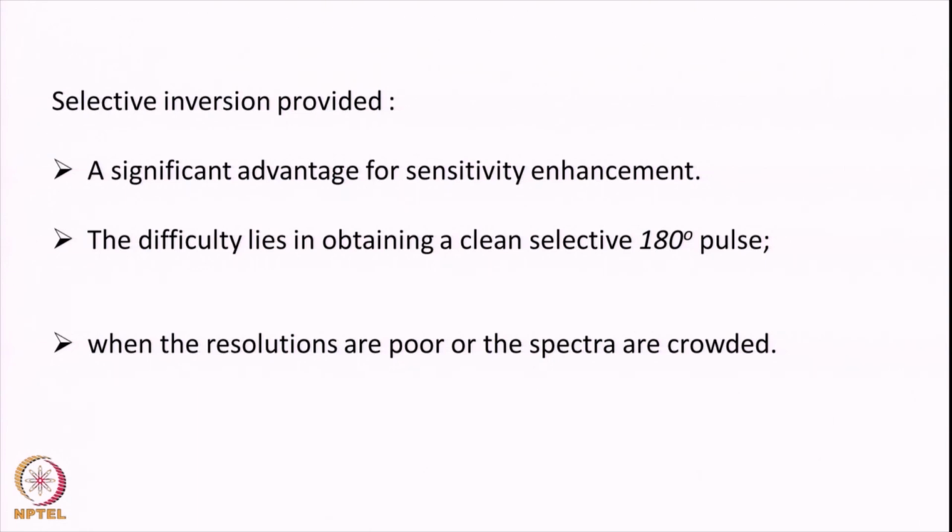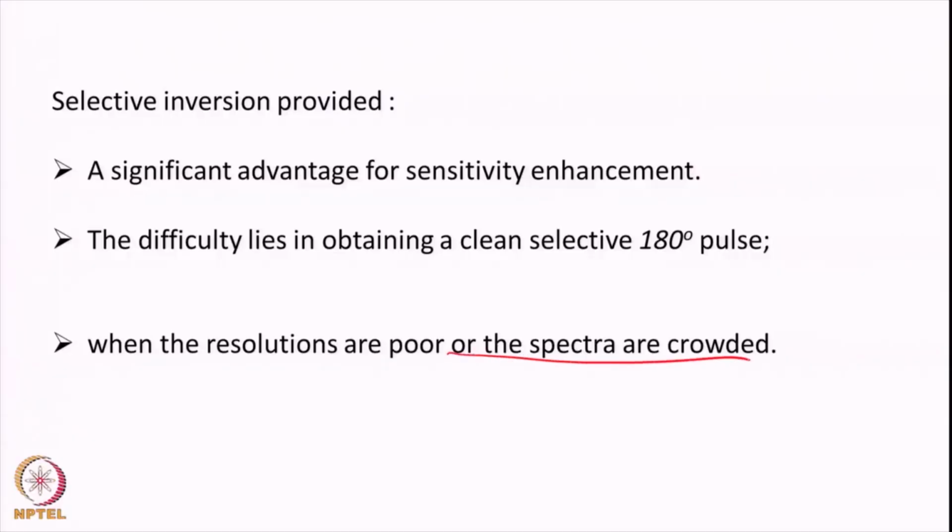We perturbed one spin and got 4-fold or 10-fold enhancement, but there is a problem. What is the problem? As you look at here, I perturb only one transition in A spin. That means our inversion pulse has to be transition selective, so that it only perturbs A1 spin.